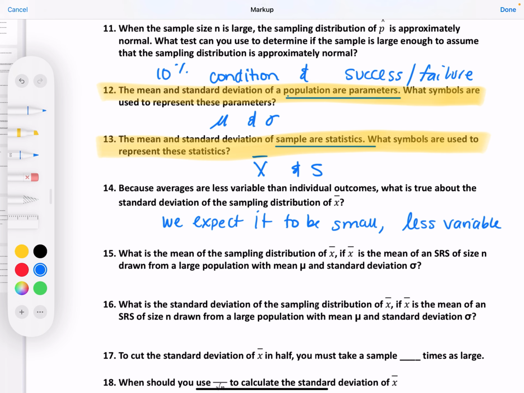What is the mean of the sampling distribution of X bar if X bar is the mean of a simple random sample of size n drawn from a large population with mean mu and standard deviation sigma? The mean of the sampling distribution of X bar is mu.